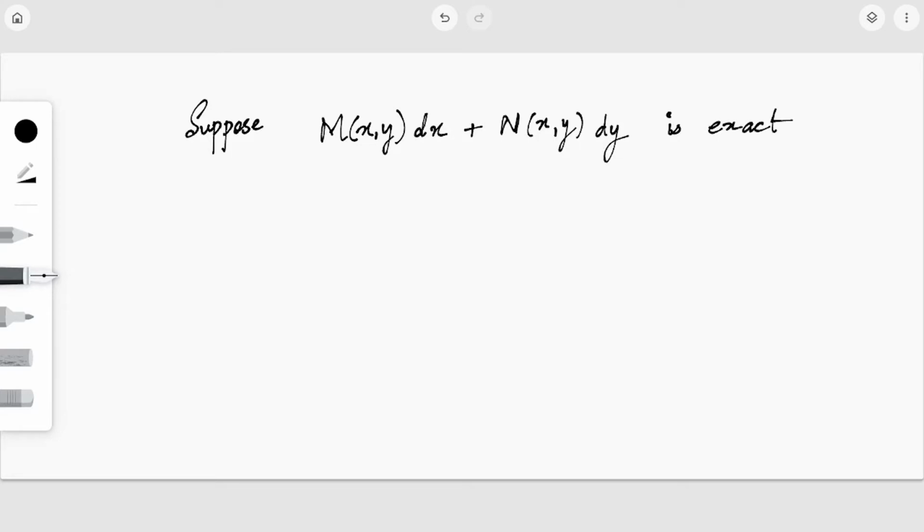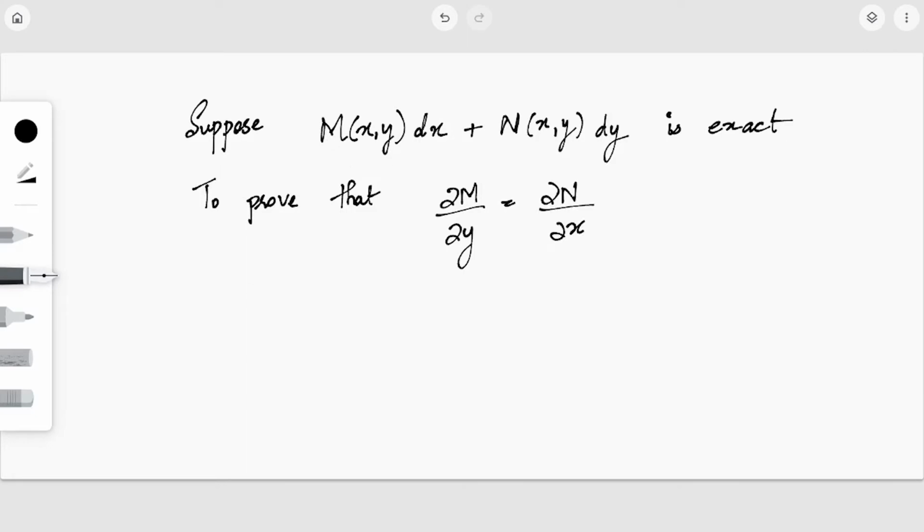Then we need to prove that ∂M/∂y equals ∂N/∂x.